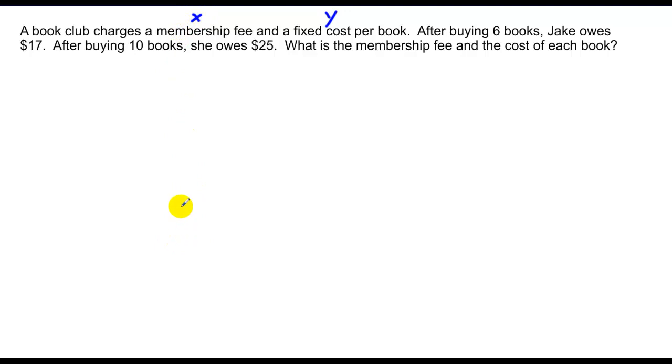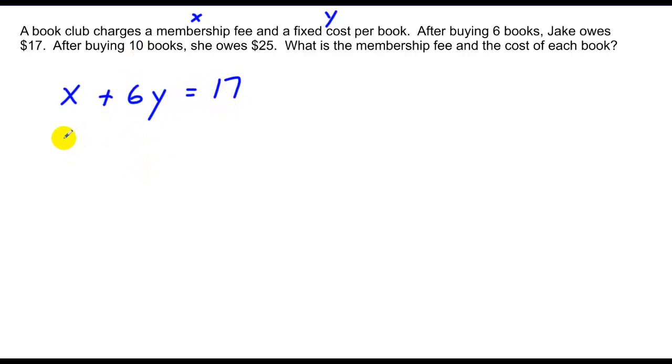The membership fee is the same in both situations. So I need to know basically what the books cost. And I've got 6 books in this case, 10 books in this case. So if I charge the first guy his membership, tack on a cost for each of the 6 books, I get a total of $17.